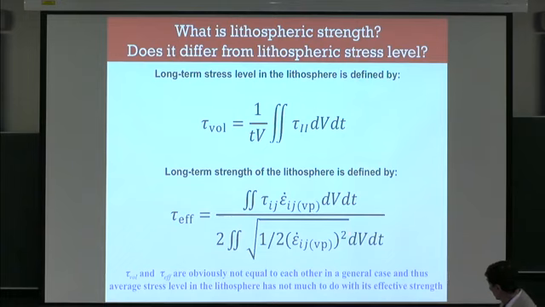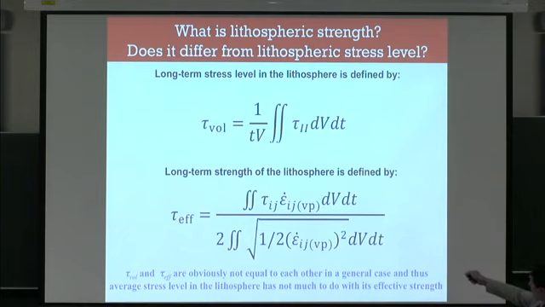So first we compute the second strain rate invariant, and then we make this integration. If we divide one over the other, we get the effective strength of the lithosphere, the amount of energy spent per unit of irreversible deformation.